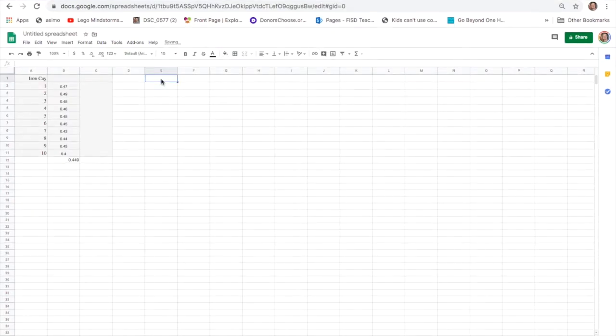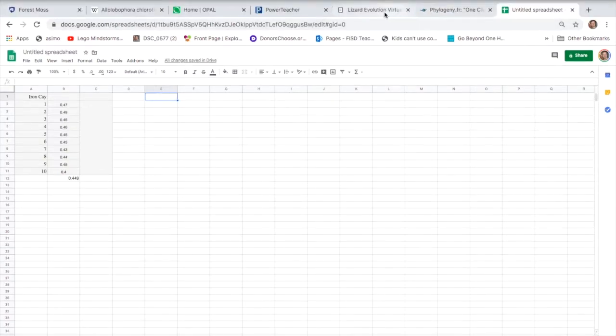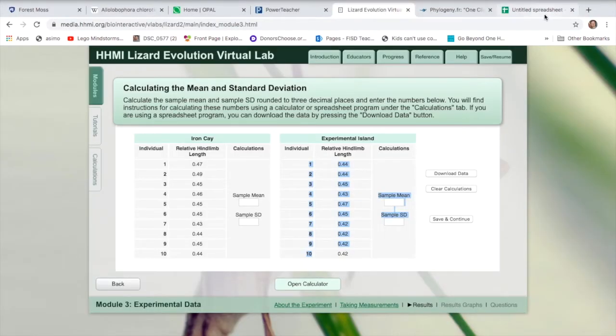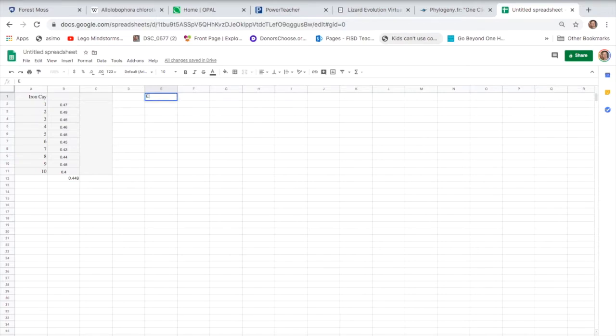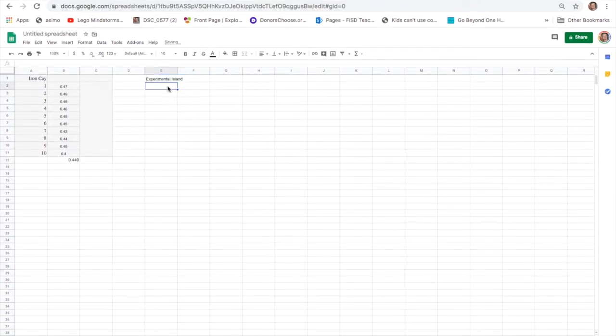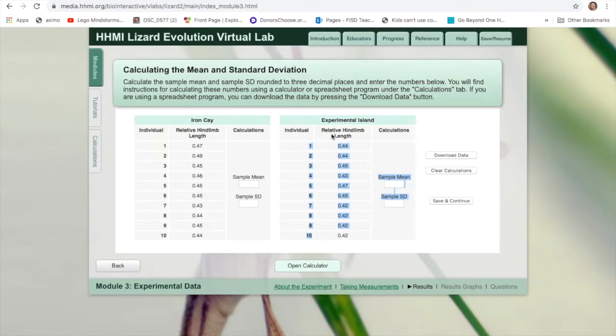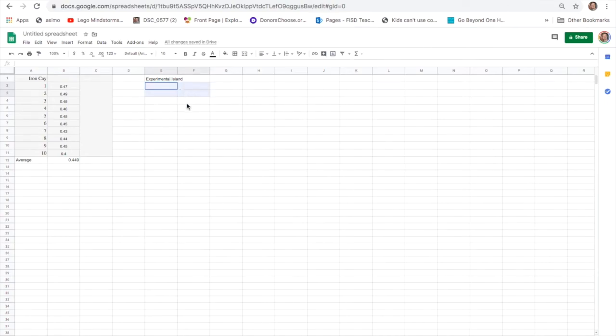And this is on experimental island. Here I can do average experimental island. I'll copy the data again. Command C. Take it over here.